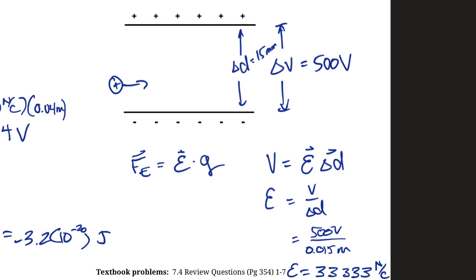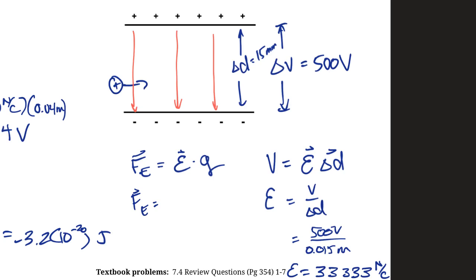Okay, and the next question is, what direction is that field? Well, we know the field is always going to go from positive to negative, right? It's like the direction that a proton would go in that field. So now that we have the field strength, we can figure out the force, right? Because we have this relationship right here. So the electric force on that proton is going to be the field strength times the charge.